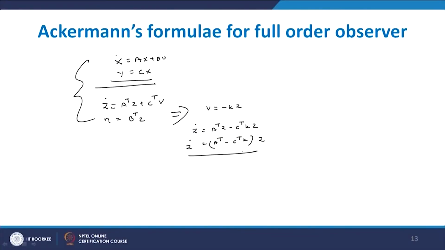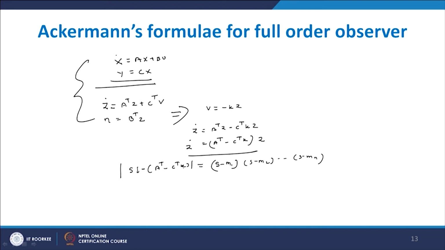So, this can be written as determinant of sI minus A transpose minus C transpose K, that is equal to (s minus M1)(s minus M2) up to (s minus Mn). Assume that M1, M2 up to Mn are the observer poles, and our purpose is to determine the values of this K matrix.